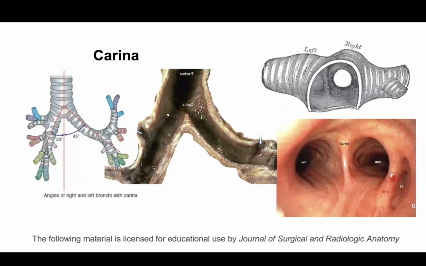The carina also has a reflex function. It's one of the most sensitive areas for triggering a cough reflex. Stimulating the carina during intubation can cause a lot of coughing and, in really bad cases, a bronchospasm.